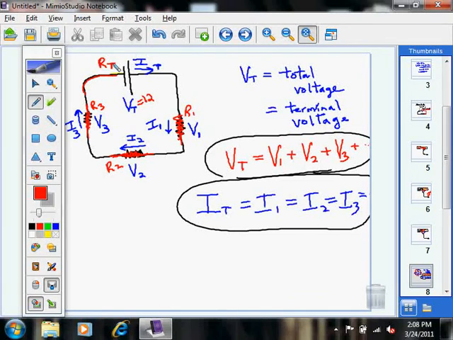Keep in mind, the resistance in the wire is so small compared to the light bulb that we consider the wire resistance to be negligible. So the main resistance is through this light bulb, this light bulb, and that light bulb.